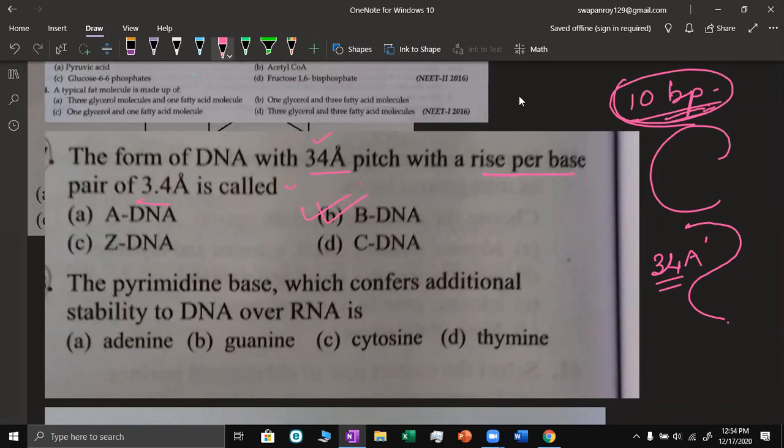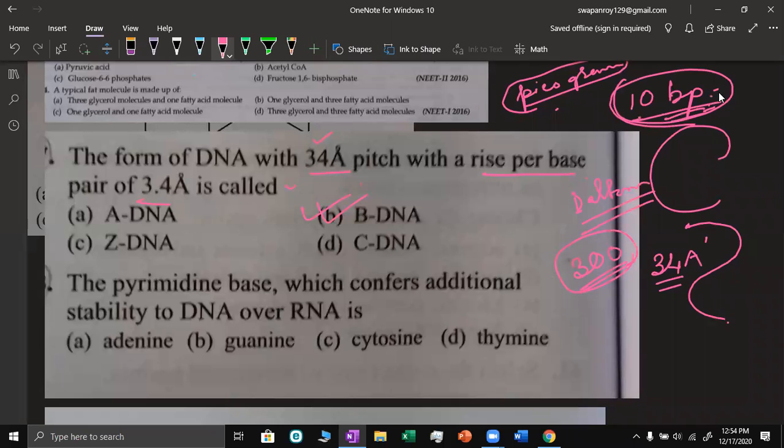Sometimes it is in picogram, that is in weight, or it is written in Dalton, the total molecular weight, as the average molecular weight of a nucleotide is 300 Dalton.